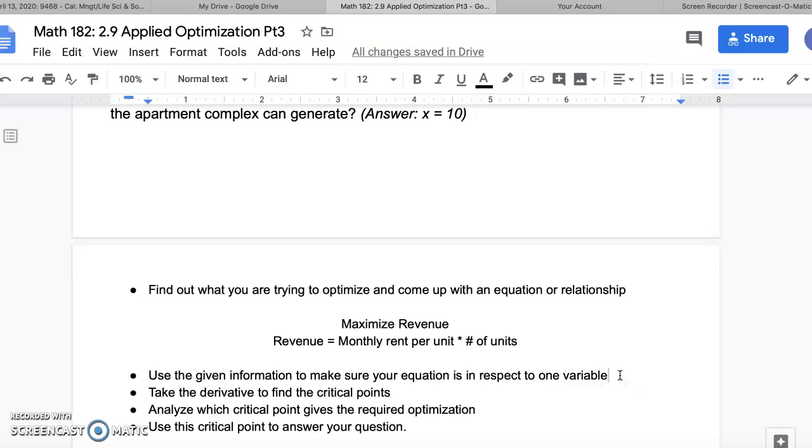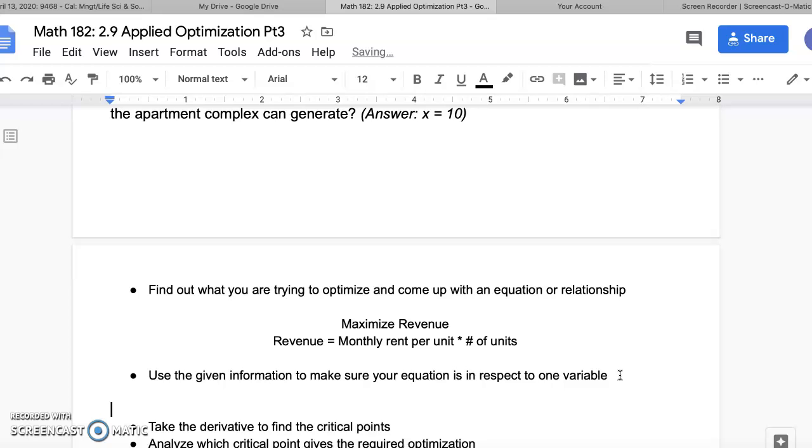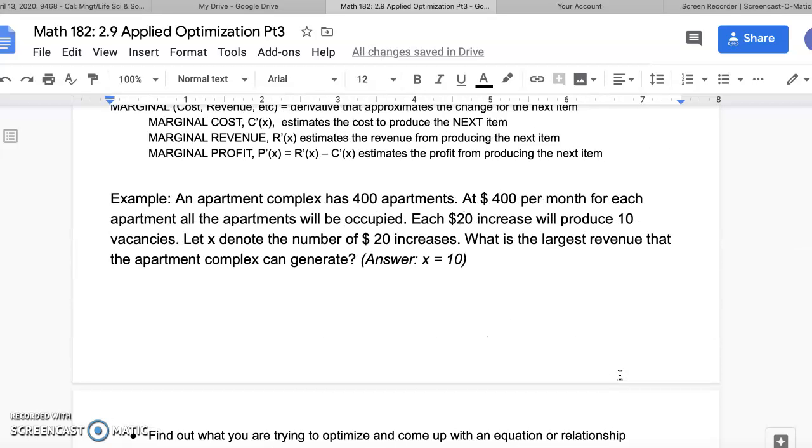So now let's go ahead and set up our equation. Use the given information to make sure your equation is in respect to one variable. The apartment complex has 400 apartments. At $400 per month for each apartment, all the apartments will be occupied. We'll have a full house.